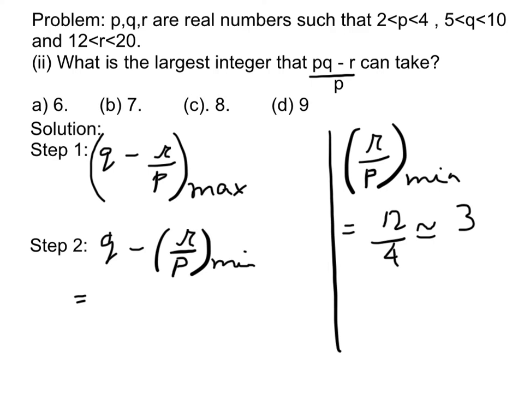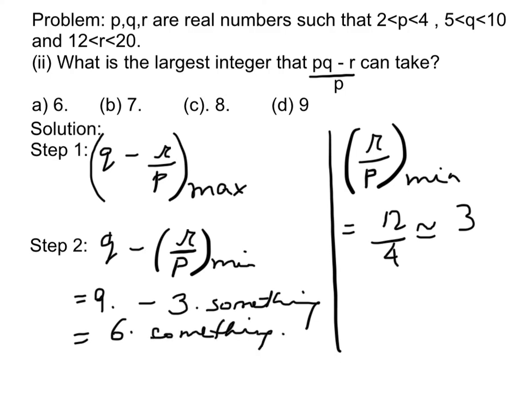And we should not write 10, we should write 9 point something, yes, 9 point something minus 3 point something, which is equal to 6 point something.